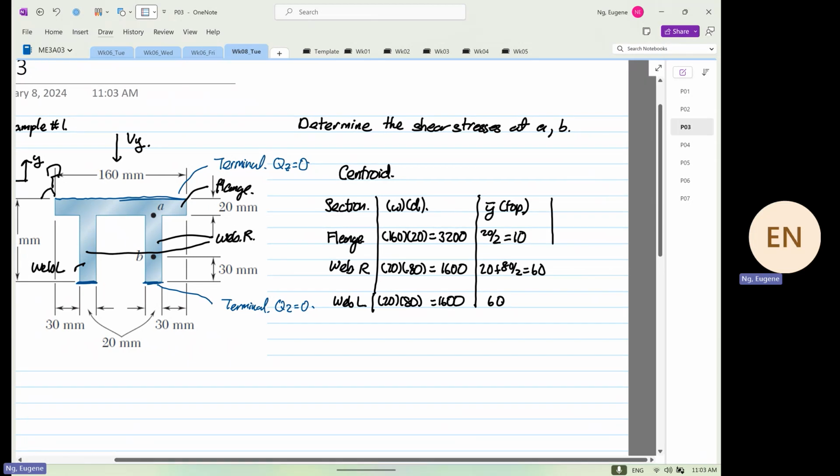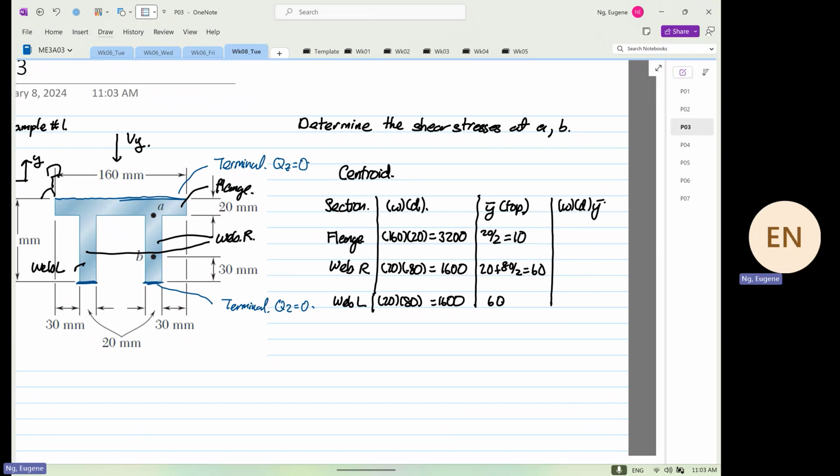And then from here, you multiply A by Y bar. So 320 times 10, 3,200. 60 times 1600, 96,000. Let me make sure everything is correct. Okay.